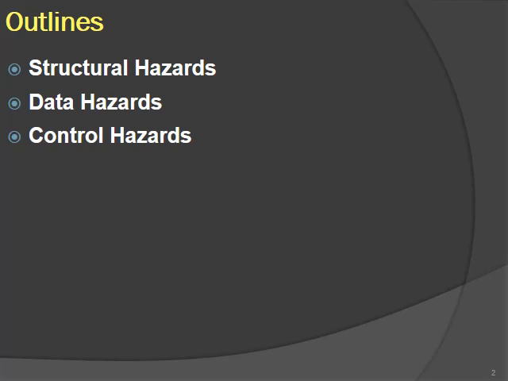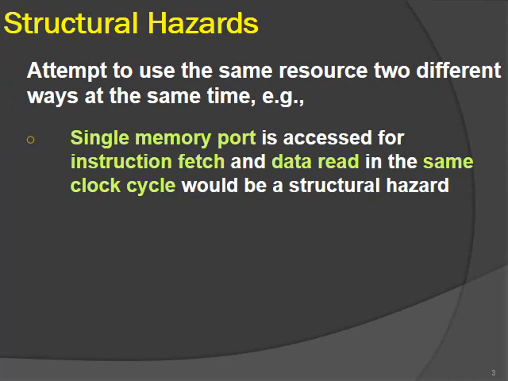We will discuss different types of hazards: the structural hazards, data hazards, and control hazards. We will discuss in detail each type of hazard, their influence, their involvement, their occurrence, and dealing with the hazards if they occur during the pipelining process.